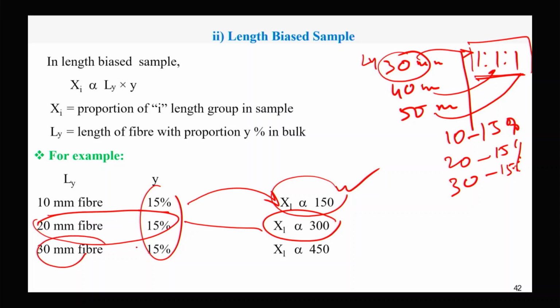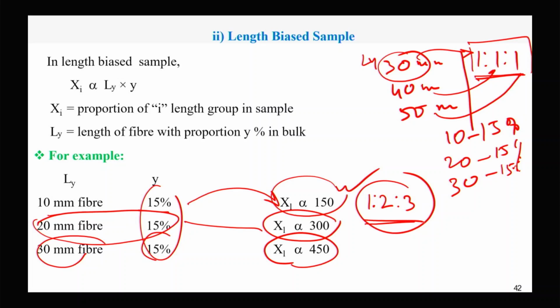And 30 millimeter into 15, 450. Okay. So if we take the proportion here, 1:2:3. So X1 is the proportion. Ultimately, finally, its proportion will be 1:2:3.